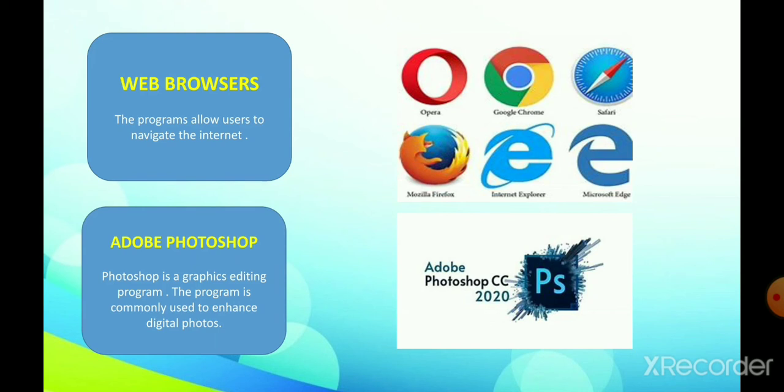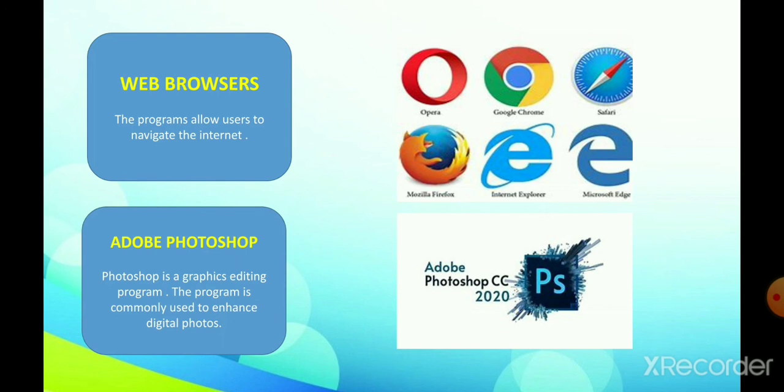Photoshop is a graphic editing program. The program is commonly used to enhance digital photos. It is part of the Adobe Creative Suite applications. Photoshop Elements is a less expensive version that is popular with home users.